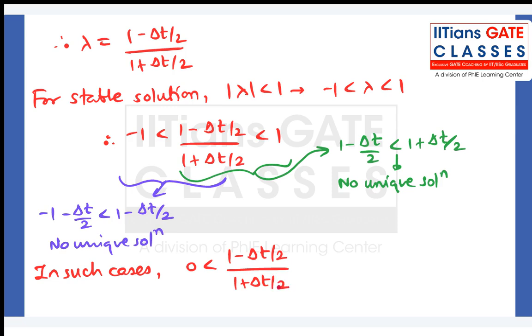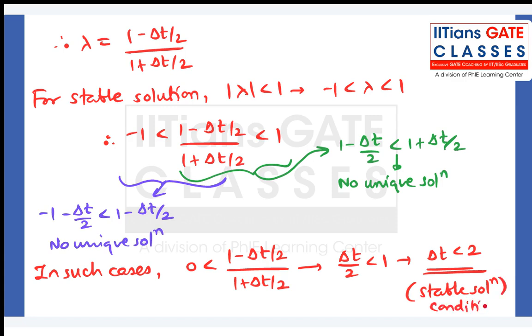Okay, since 0 is on one side of the inequality, the denominator will be ineffective here. So this becomes delta t by 2 less than 1. That becomes delta t should be less than 2. Okay, but this is for the stable solution condition.